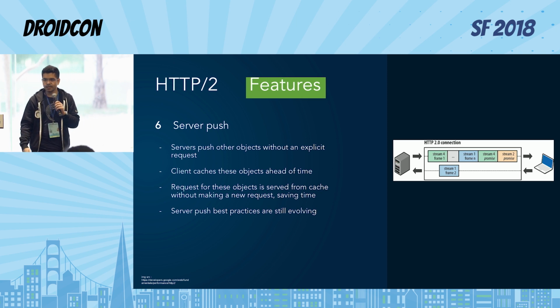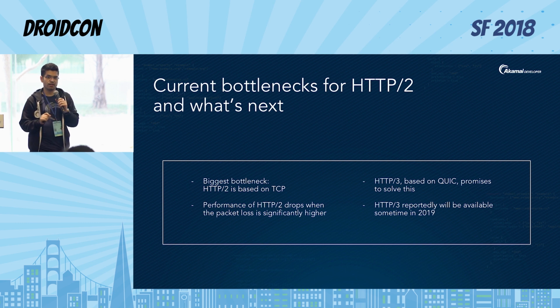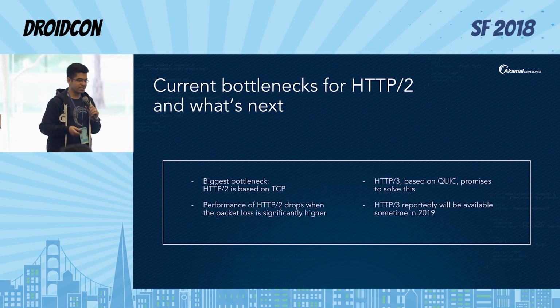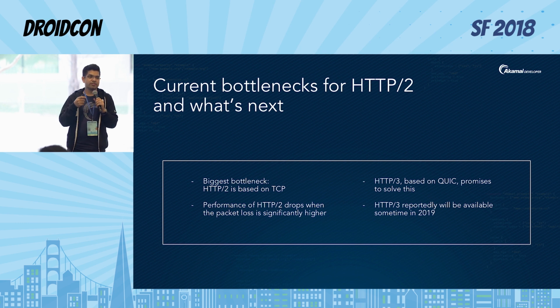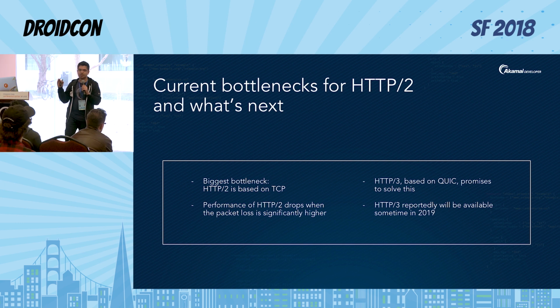With all of these niceties, there are definitely some things which are currently a bottleneck. The biggest of them is the reliance on TCP. What happens is, if you start losing packets over TCP, then the benefits that you gain from HTTP2 start to come down.